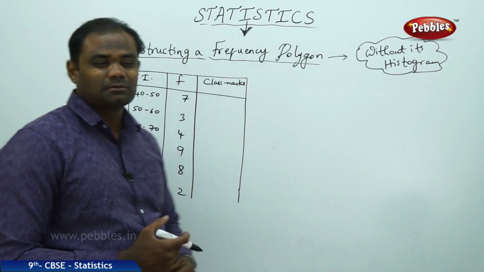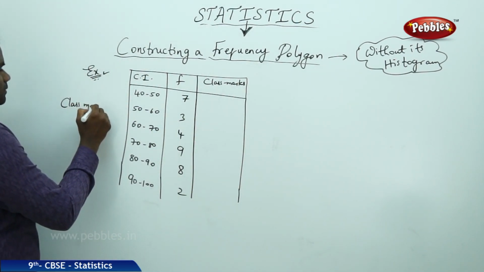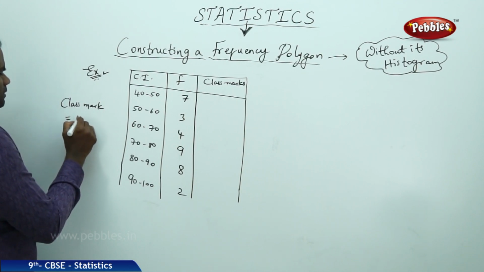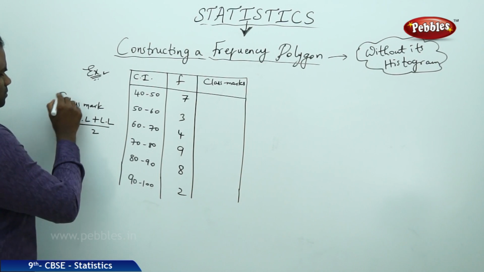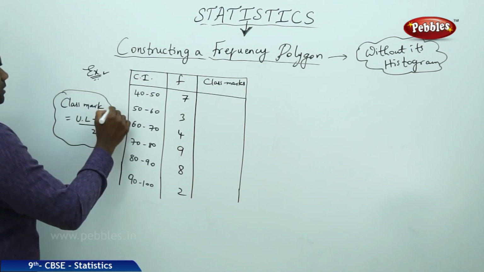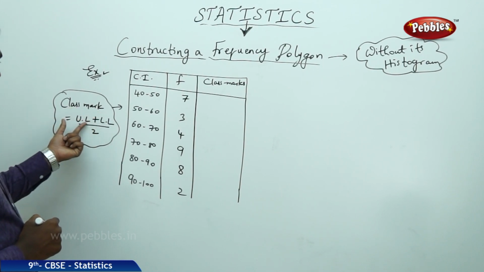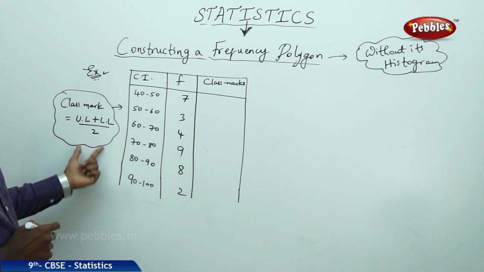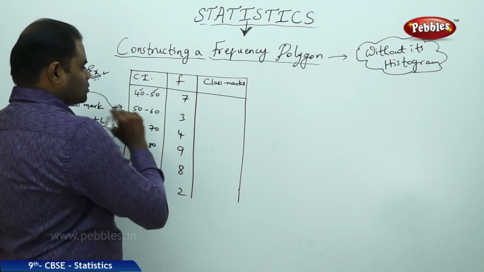What is a class mark? The class mark is nothing but the upper limit plus lower limit, divided by 2. That's how we use the formula. If I take the first class interval, this is the upper limit and this is the lower limit.